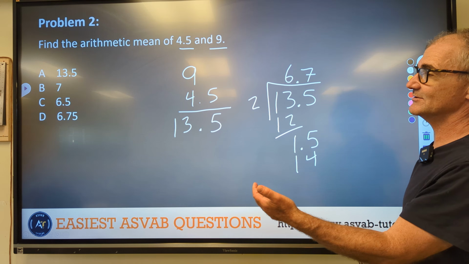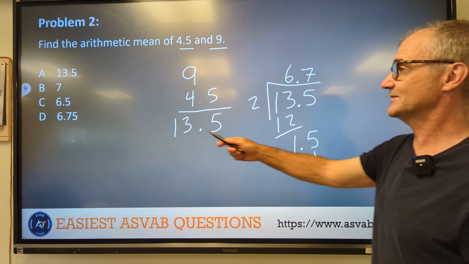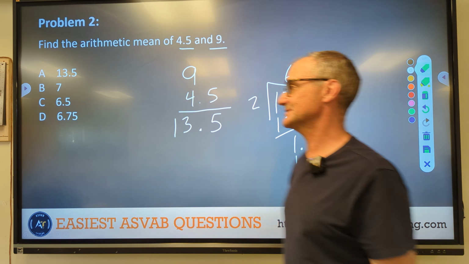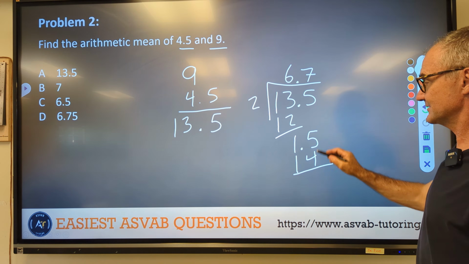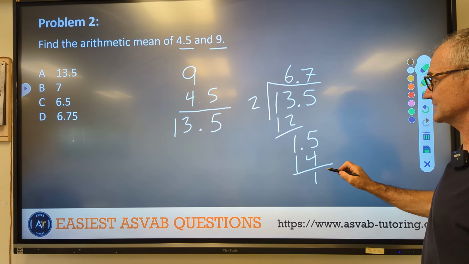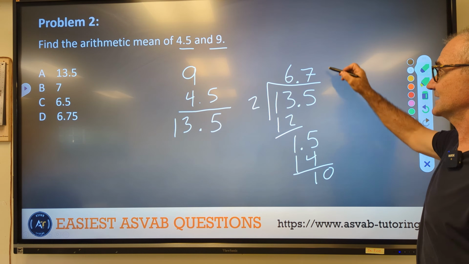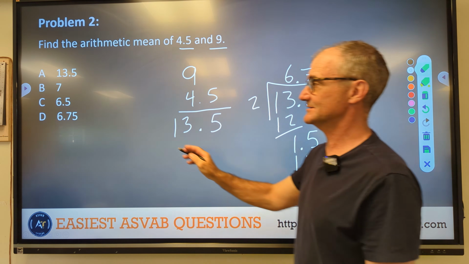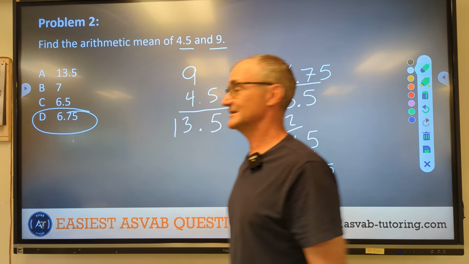I don't really have to keep going because I could look up there. There's only one value with a 6.7, so it has to be answer D. But if I were to keep going, 5 minus 4 is 1, bring down a 0. 2 goes into 10 5 times. Correct answer, answer D right there.